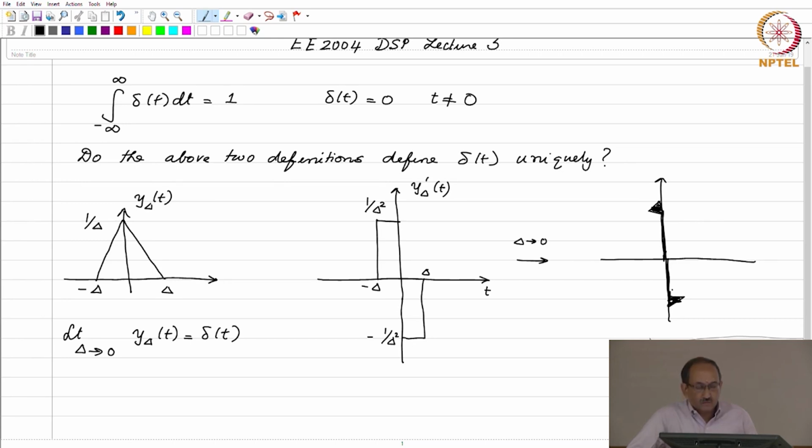This is the function delta dash of t in the limit, and this is what is called the unit doublet, the derivative of the delta function. Again, we are using sequence of functions to suggest a plausibility argument. Since we are comfortable with sequence of functions converging to delta, we are using the same approach here.